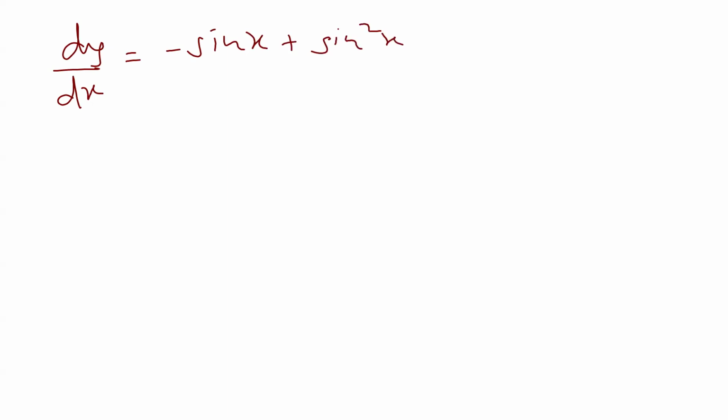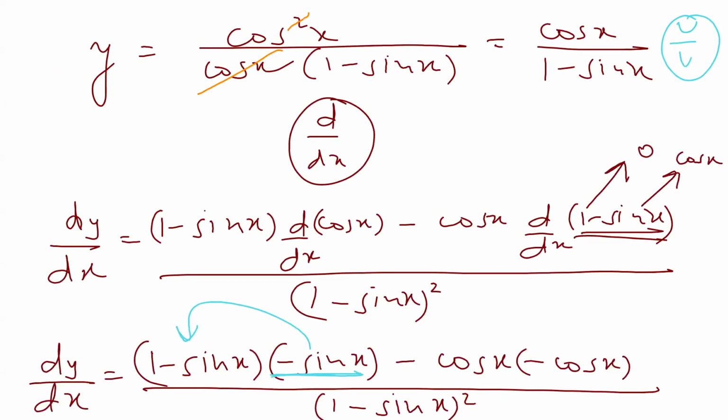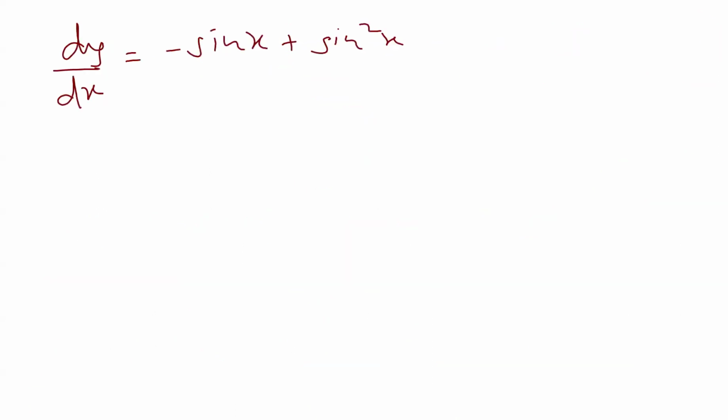Now how is this plus sin square x, let us see. Minus sin x into minus sin x is plus sin square x, and this term also is plus cos square x.